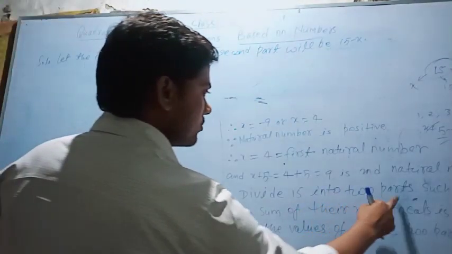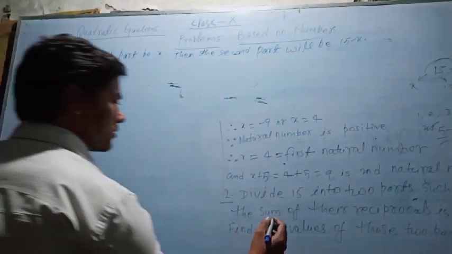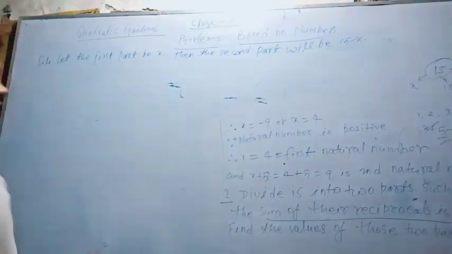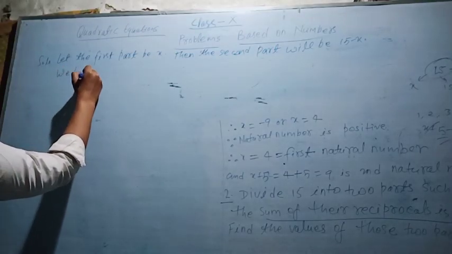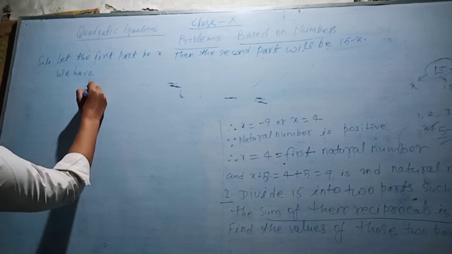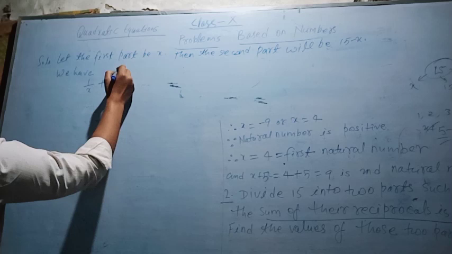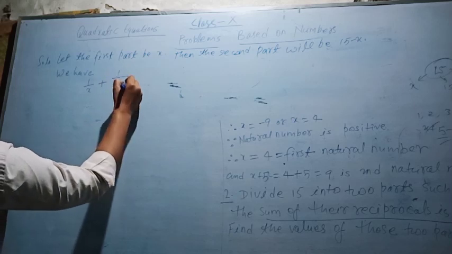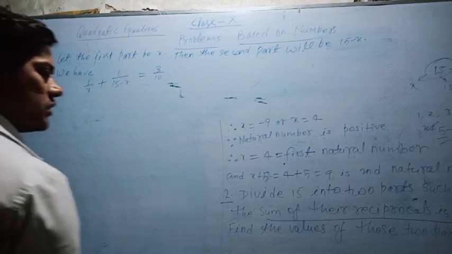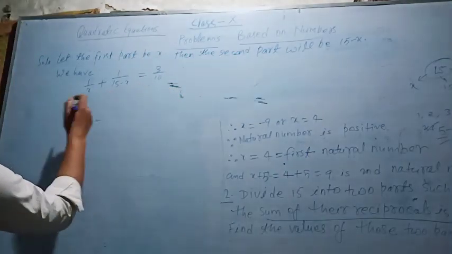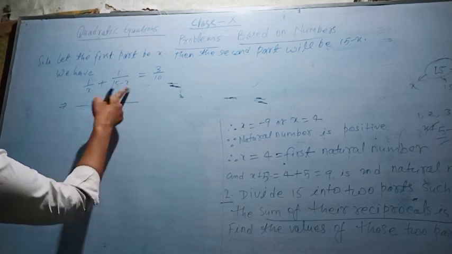Now two parts are given. The sum of their reciprocals: 1/x plus 1/(15 minus x) is equal to 3/10. Now you take LCM.